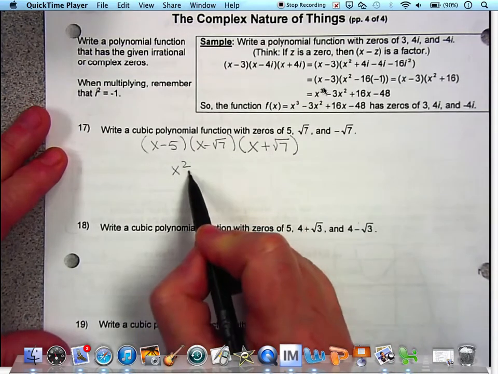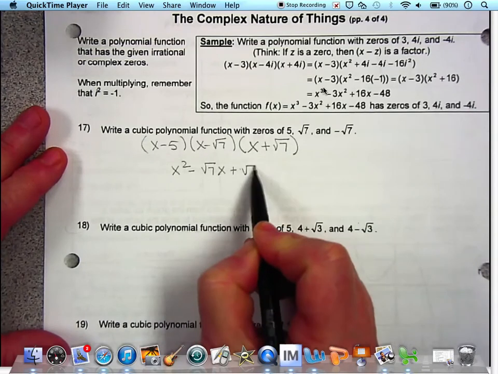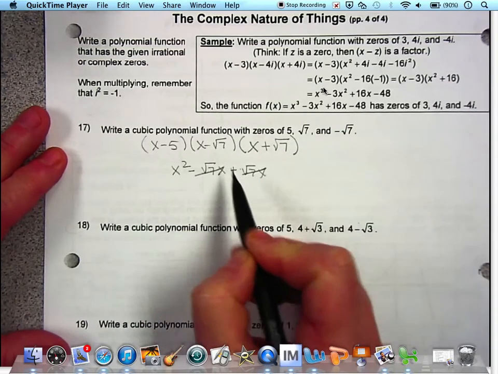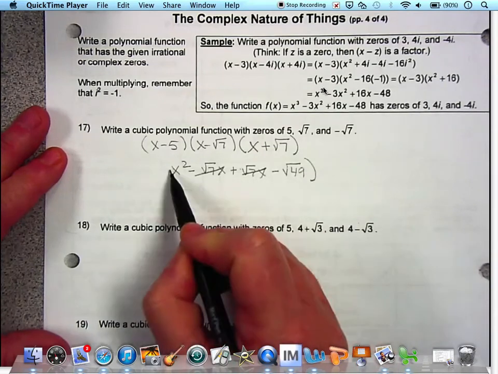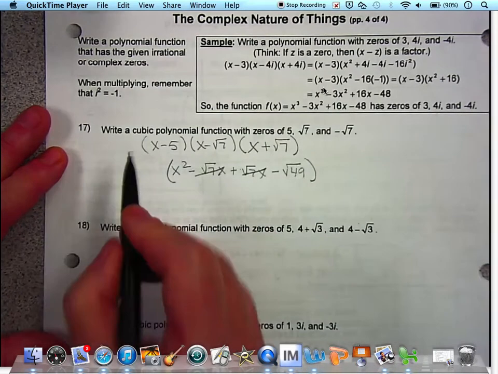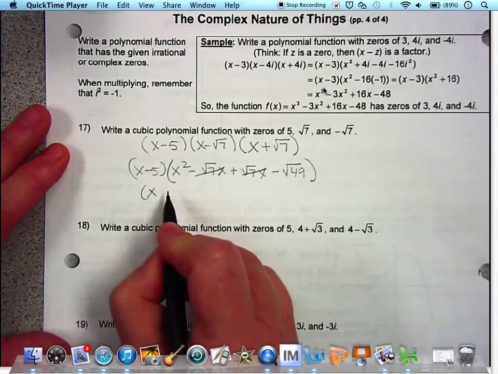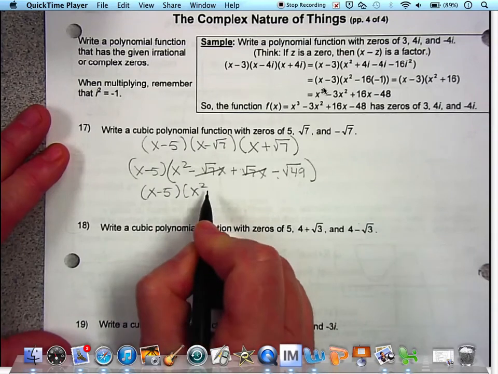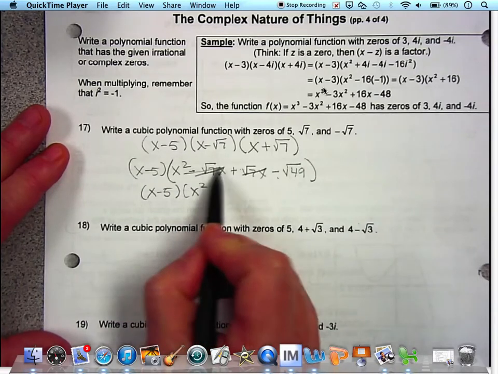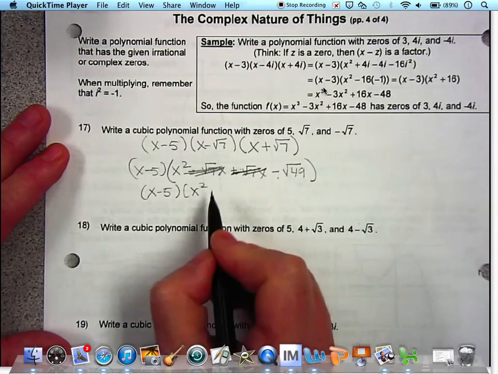The square root of 7 terms, negative square root of 7x and positive square root of 7x, cancel. So we get x squared minus 7.